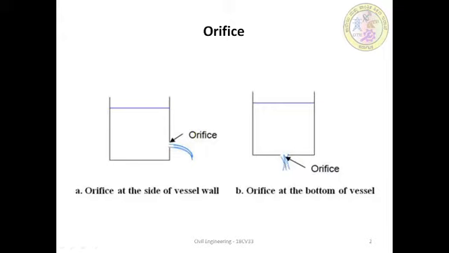So, in general, the orifice is an opening in the side or bottom of a vessel or a tank. This opening is useful to measure the discharge of the fluid. So that is all about the orifice.